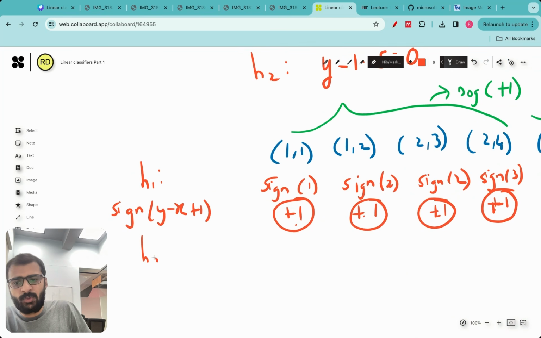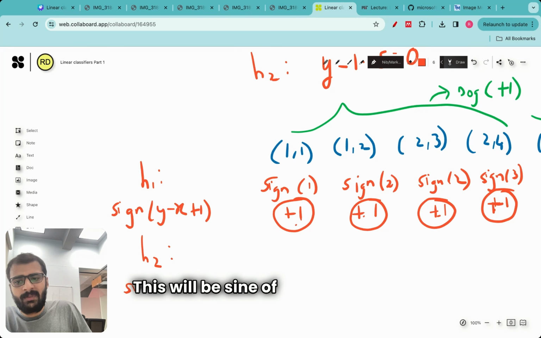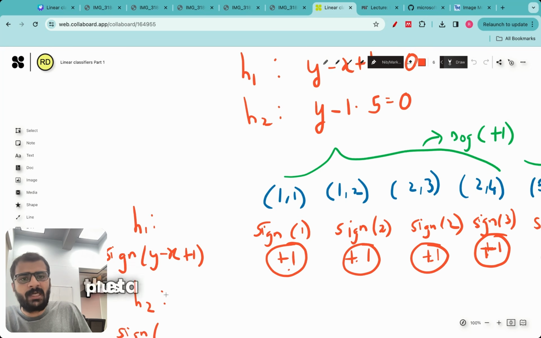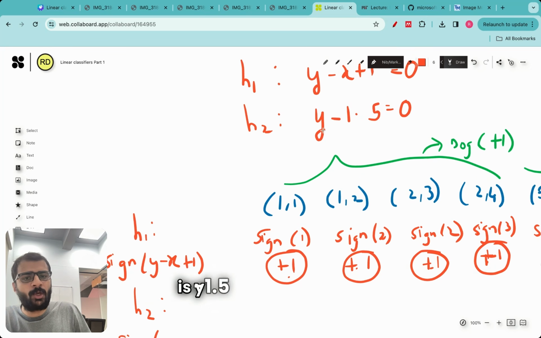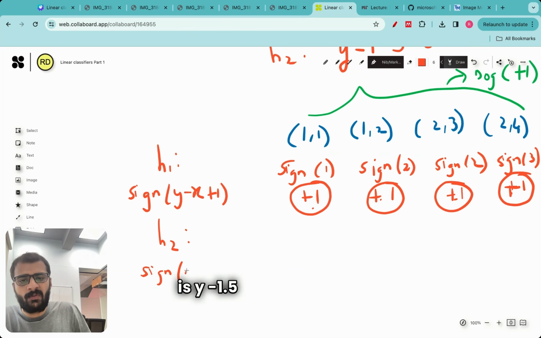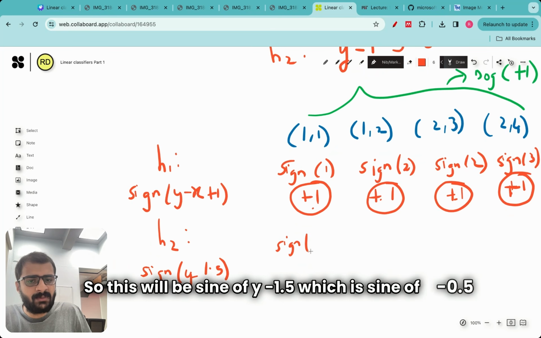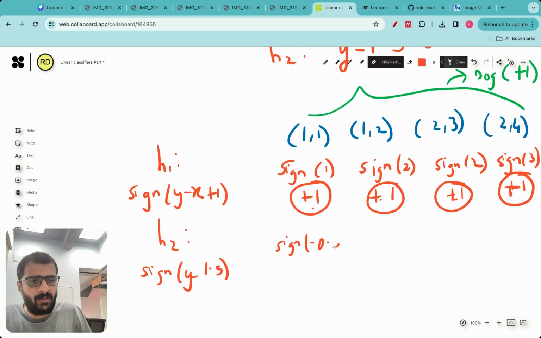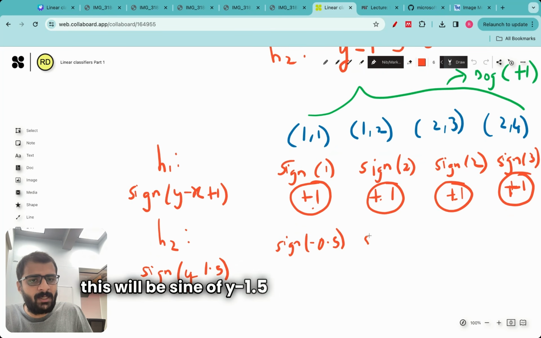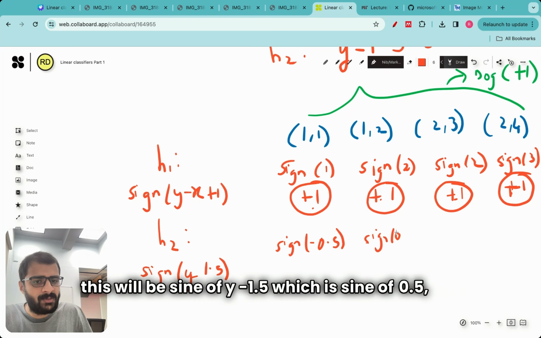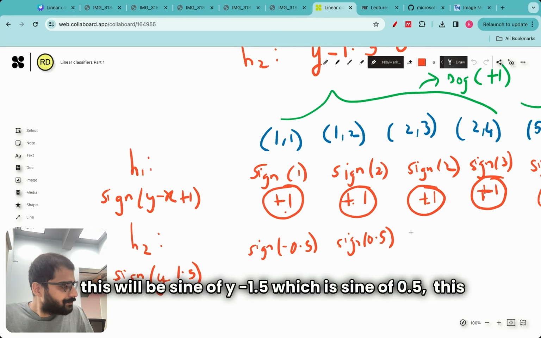Now let us check for H2. This will be sine of theta 1 x1 plus theta 2 x2 plus theta naught, which is y minus 1.5. So let us check. This will be sine of y minus 1.5, which is sine of minus 0.5. This will be sine of y minus 1.5, which is sine of 0.5.